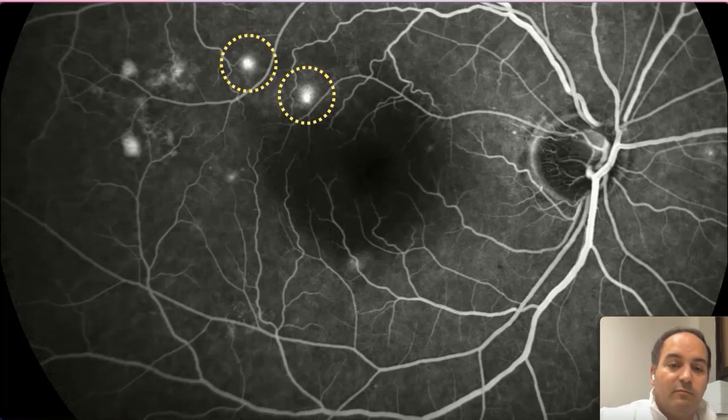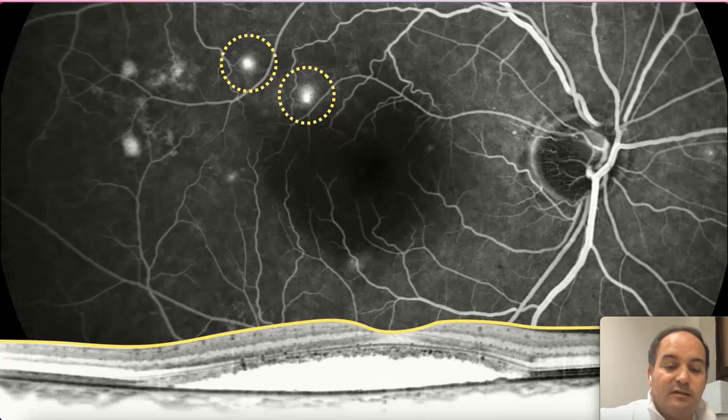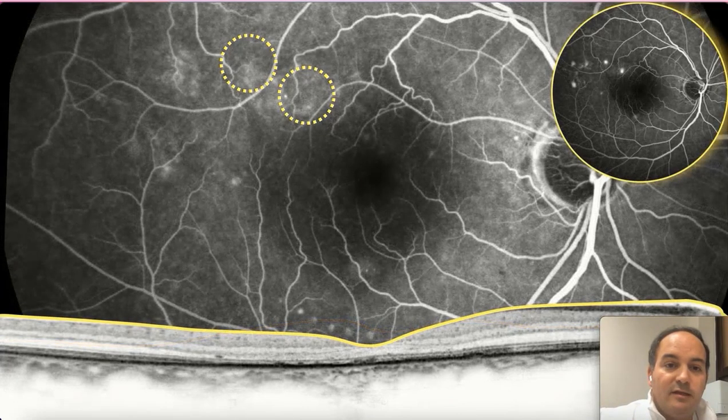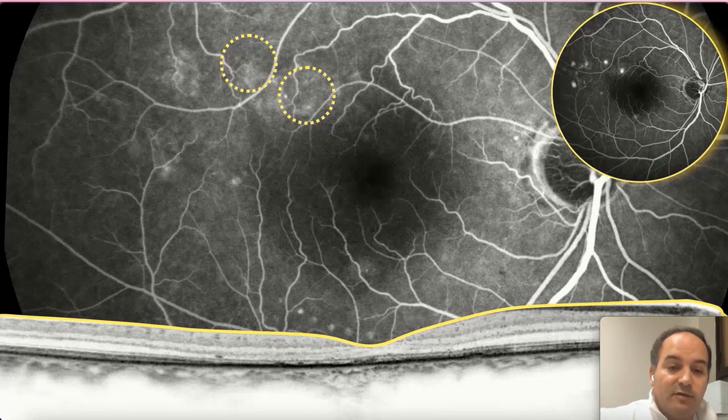Here we have more than one leakage point in this patient, also with subretinal fluid, and this is how it looks. You can see that in the fluorescent angiography we don't have any more leakage, and the subretinal fluid is resolved.